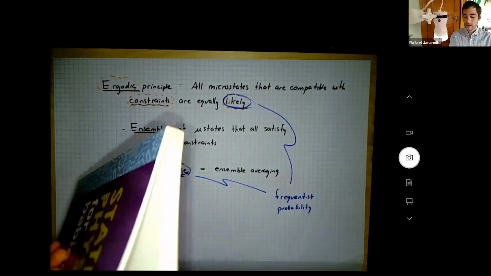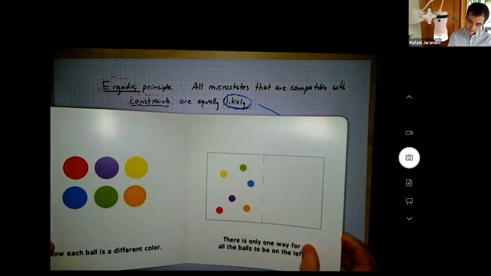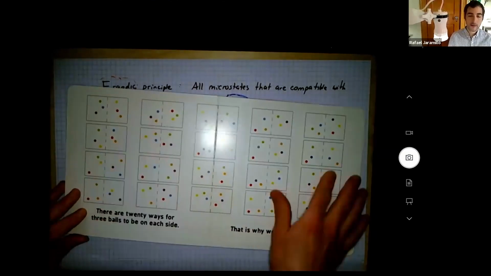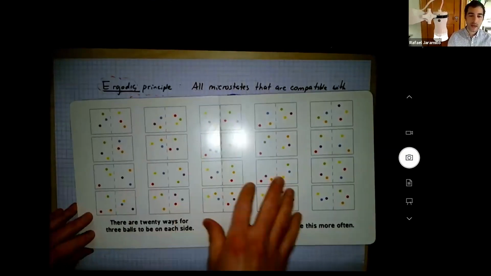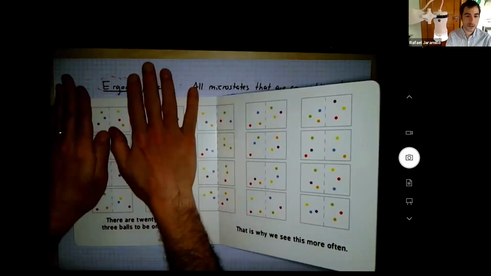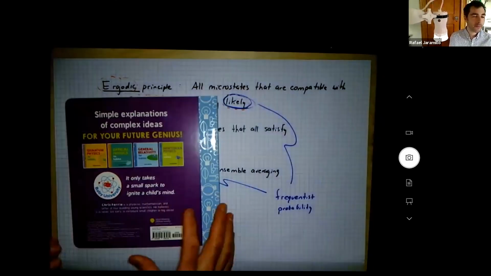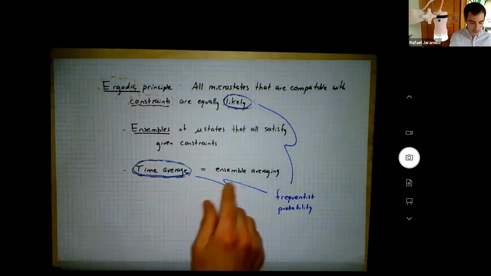In other words, the average you get when you average over this ensemble is the same as you would get if you start with just that and then play forwards in time and average over the movie. That's what time averaging equals ensemble averaging means.